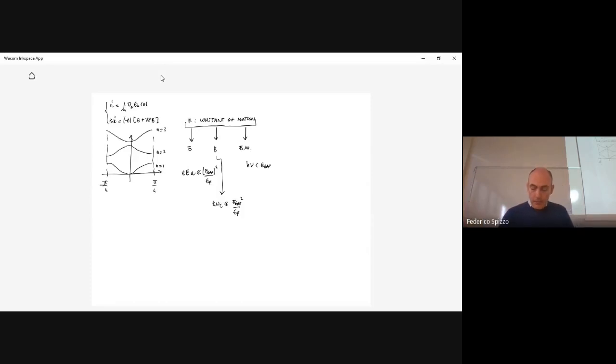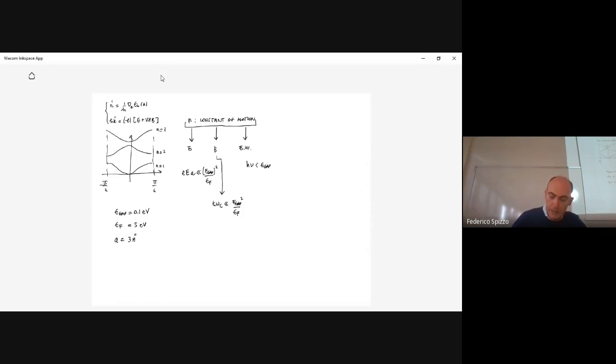And so we have here three requirements. For the first one, to fix an order of magnitude, suppose that the energy gap is of the order of 0.1 eV, the Fermi energy is 5 eV, and a is 3 angstrom.